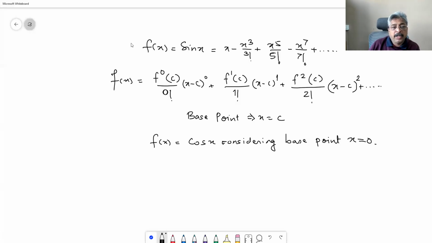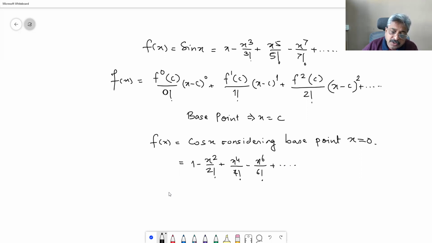Exactly the same way we did it for sin x, we can do it for cos x, because cos x also repeats after the fifth derivative and you can express it in terms of pi by 2. Once you do all that calculation, you get the series expansion of cos x as something like this.